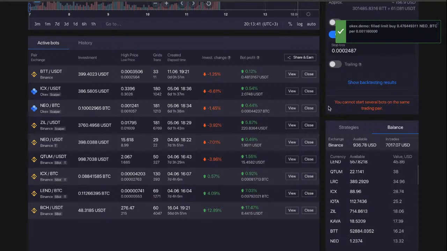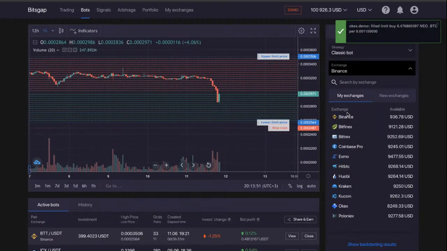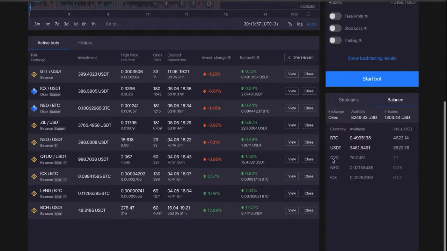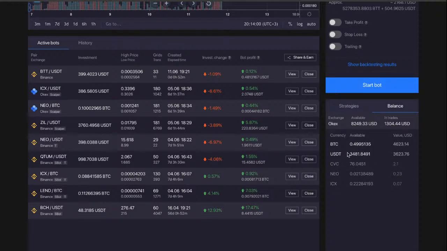Well, actually that's Binance, so I have to switch to OKEx to make sure. Here we go. So almost nothing left, only some dust on my balance, which is absolutely okay.